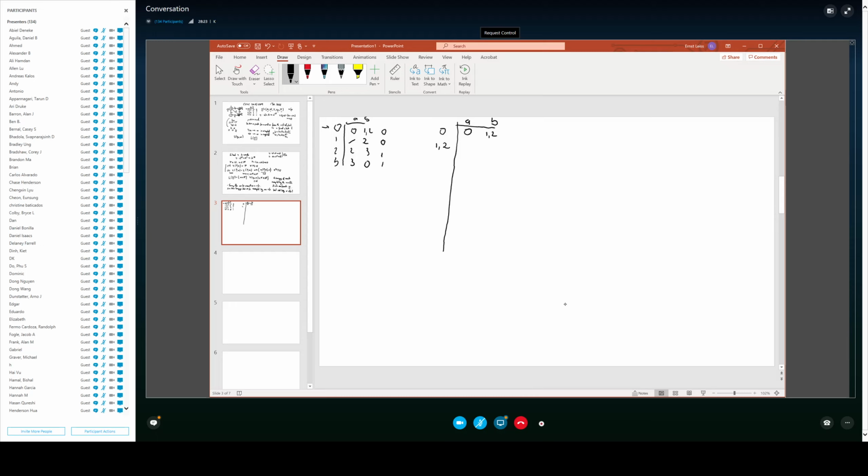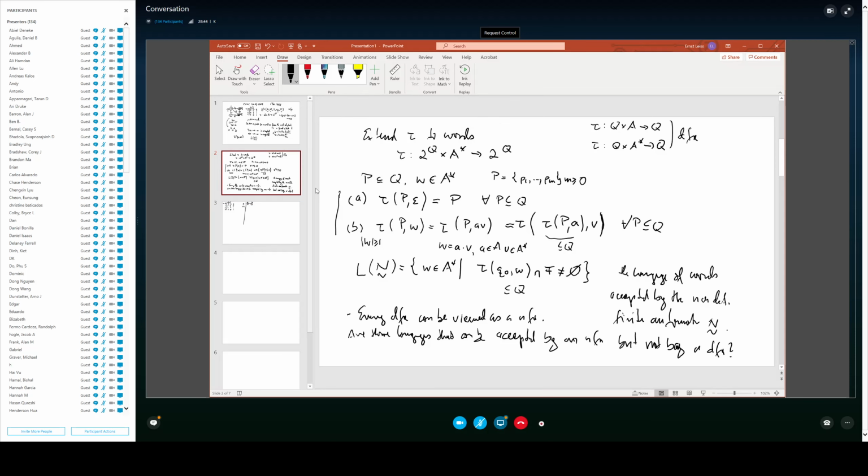So from 1 and 2, we have under A, well, 1 gives us nothing, and 2 gets us 2. Probably we should explain a little better what we are doing here.